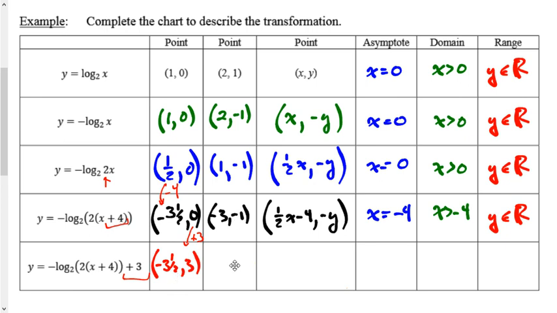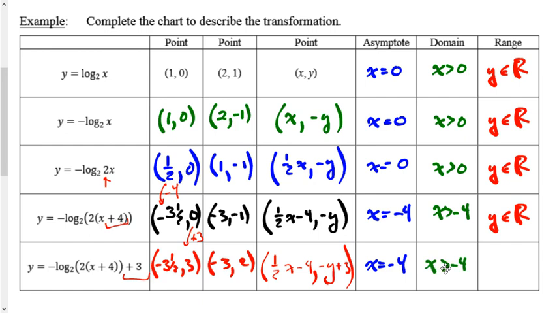Add 3 to the negative y, and that gives me the mapping for this entire transformation, where I have the reflection, the stretch, the horizontal and vertical translations. When I change it vertically by translating up and down, that doesn't change my asymptote or my domain or my range because my range was all real numbers. So this is very similar to what we did back in chapter 3.